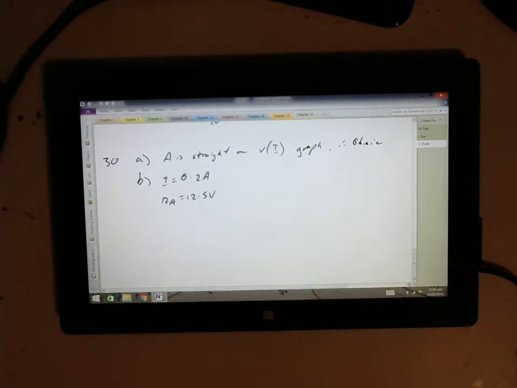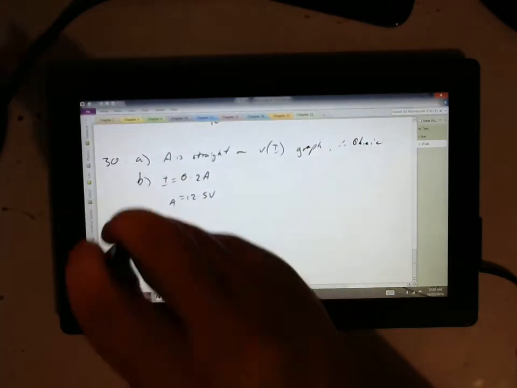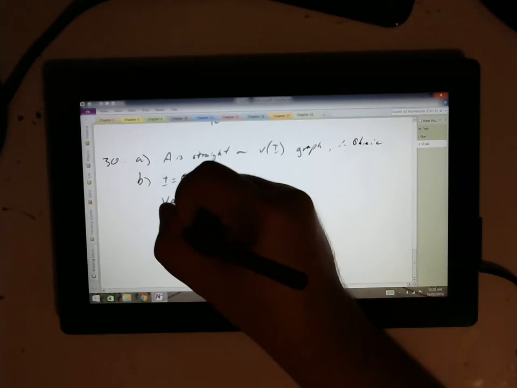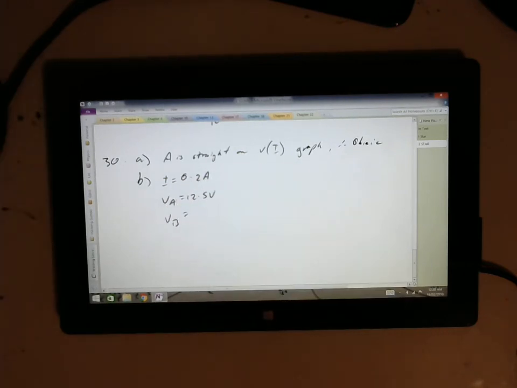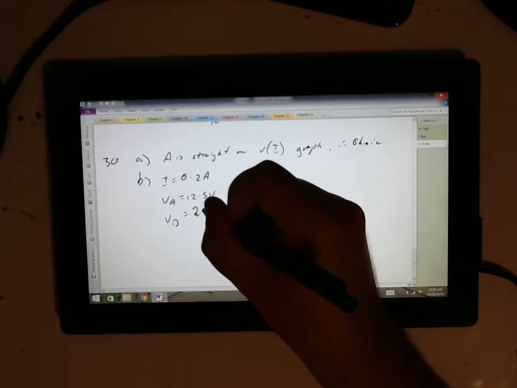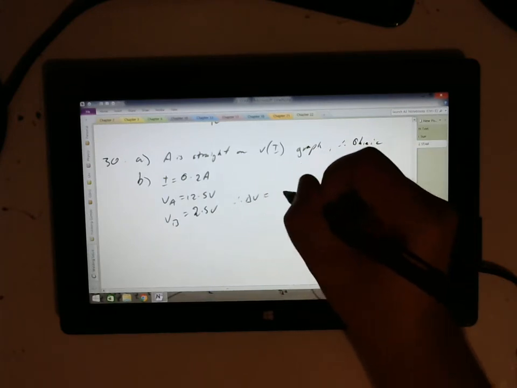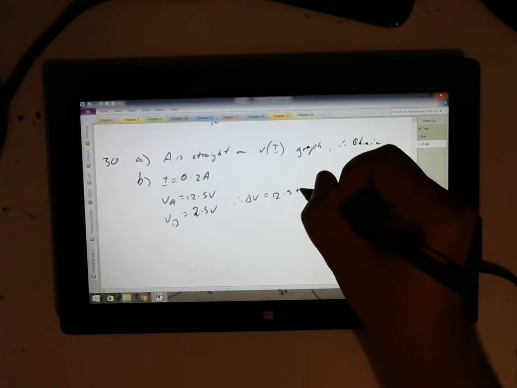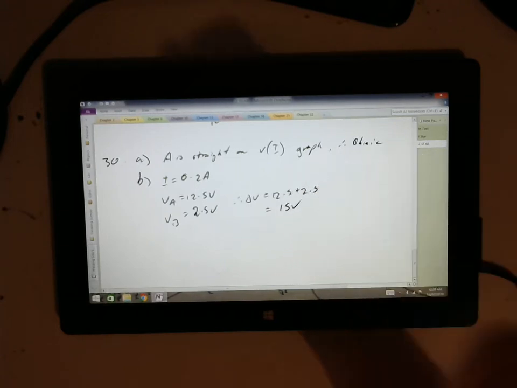Okay, and if we go to our B line, sorry, I typed resistance of A, it should be voltage of A, voltage of B. We want to look at our current of 200. We see that's about 2.5 volts. So therefore, total voltage is going to be 12.5 plus 2.5 equals 15 volts.